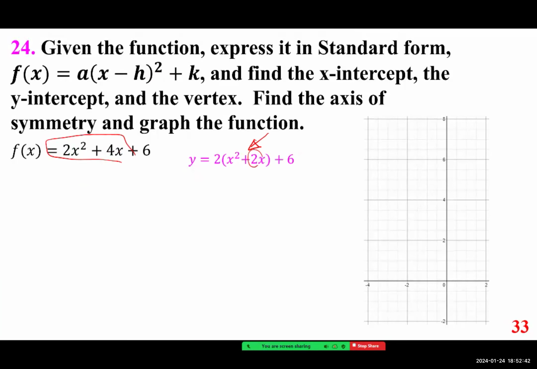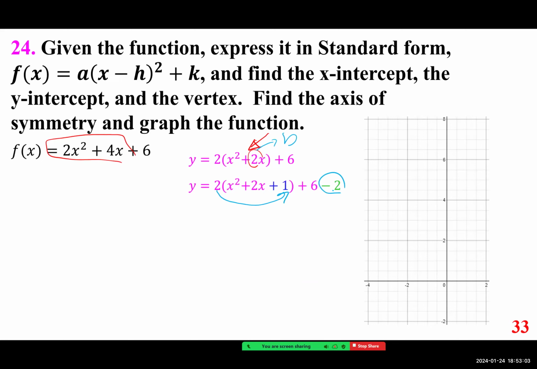Remember, b is 2, divided by 2 becomes 1, squared becomes 1. So you are going to add 1 inside the parentheses. But remember, when you add 1, in essence, you're adding 2 times 1. That's why you undo it with -2.